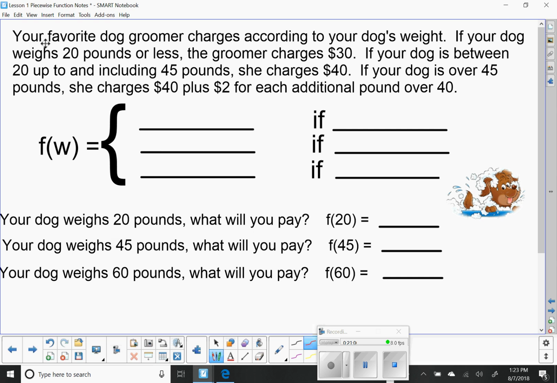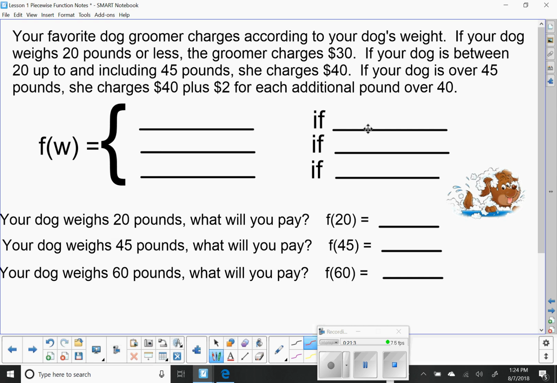Next up, your favorite dog groomer charges according to your dog's weight. If your dog weighs 20 pounds or less, the groomer charges $30. If your dog is between 20 up to and including 45 pounds, she charges $40. If your dog is over 45 pounds, she charges $40 plus $2 for each additional pound over 40.